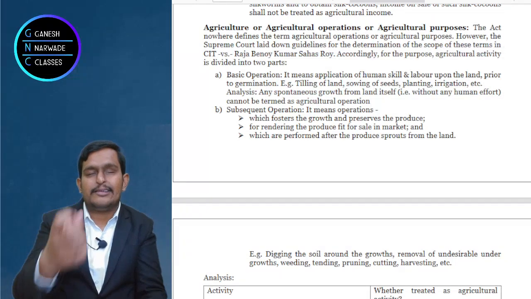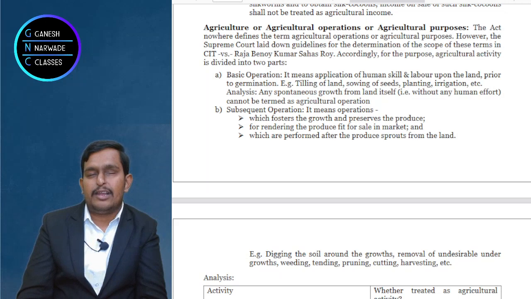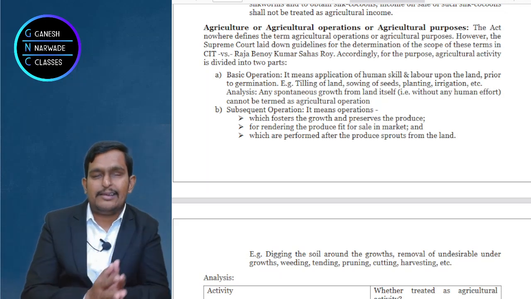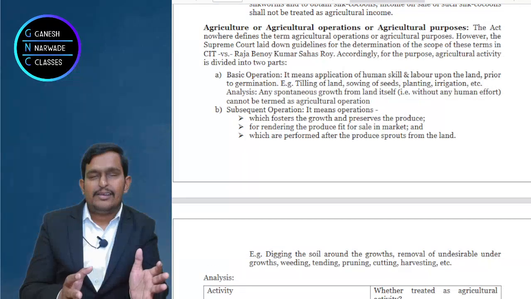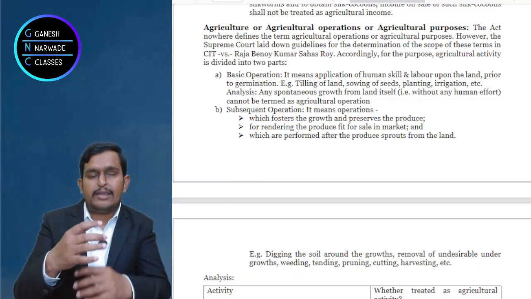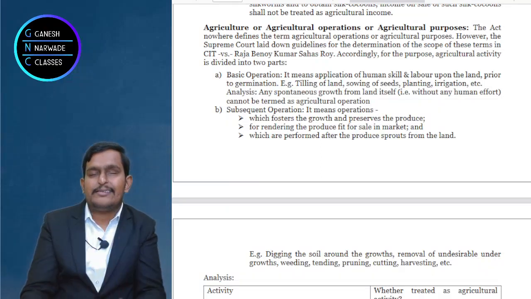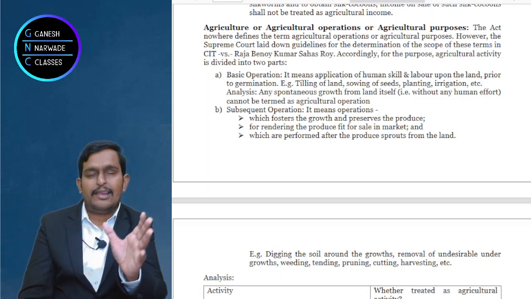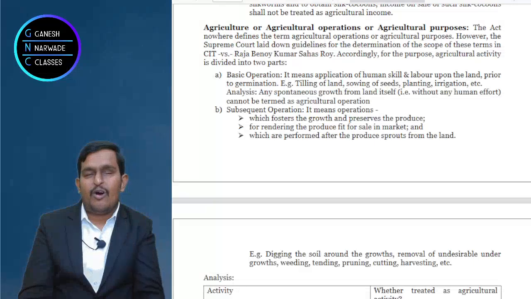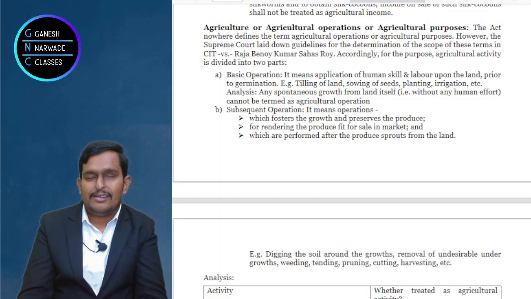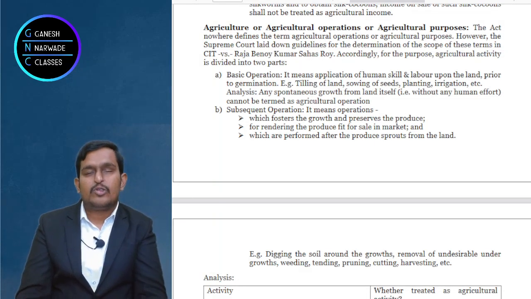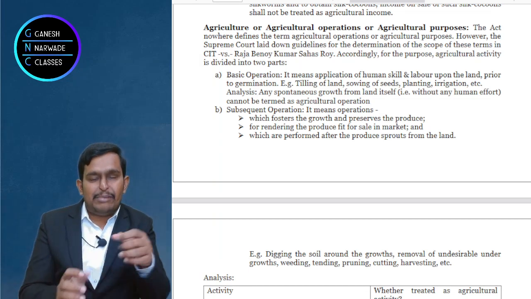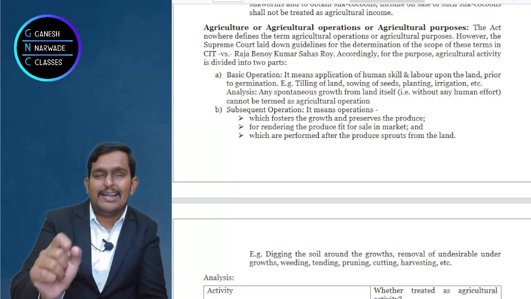You want to foster the growth of the agricultural produce, you want to protect it, you want to process it and make the product fit for sale. All such activities, whether pruning, cutting, harvesting, weeding or removing soil attached to the produce, are subsequent activity.